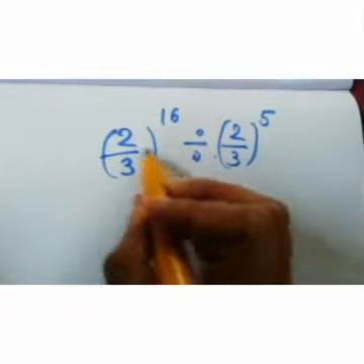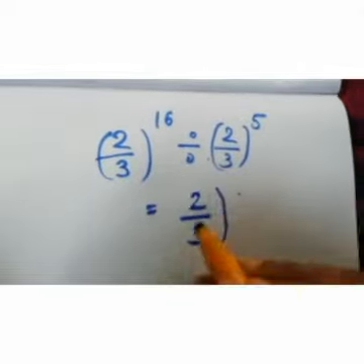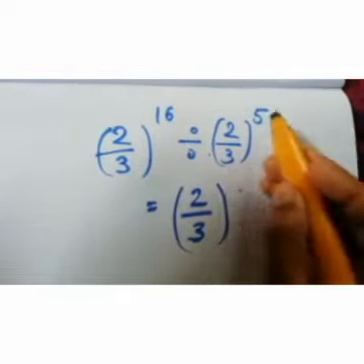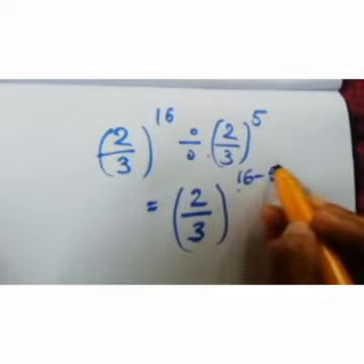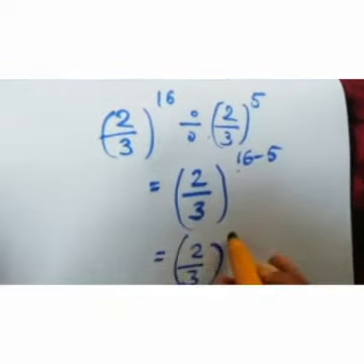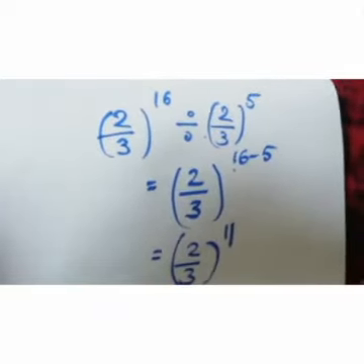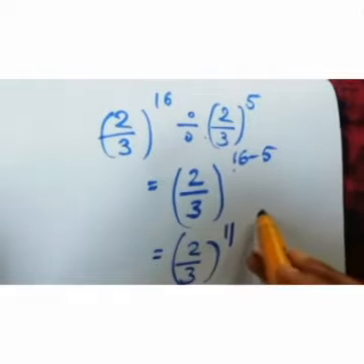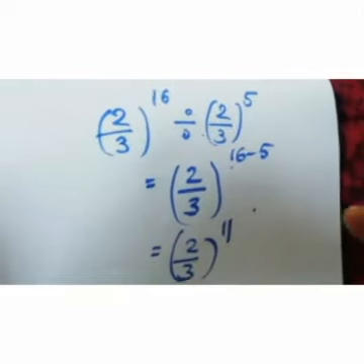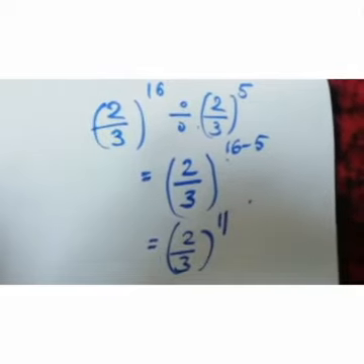That is, the overall term should be 2 by 3. Next, in terms of power, 16 minus 5, which is equal to 2 by 3 all raised to 11. This is the answer. If it is a fraction or if it is a natural number, the same method is followed.